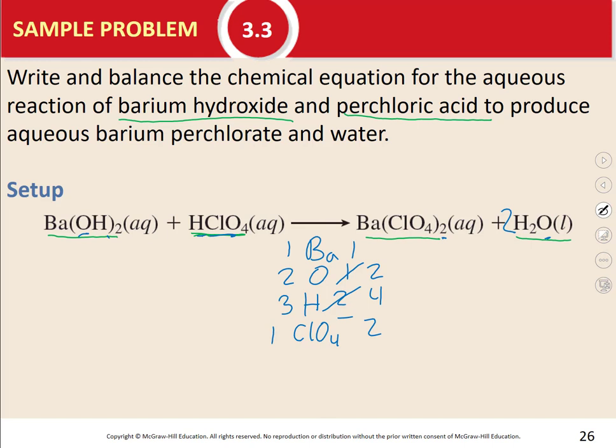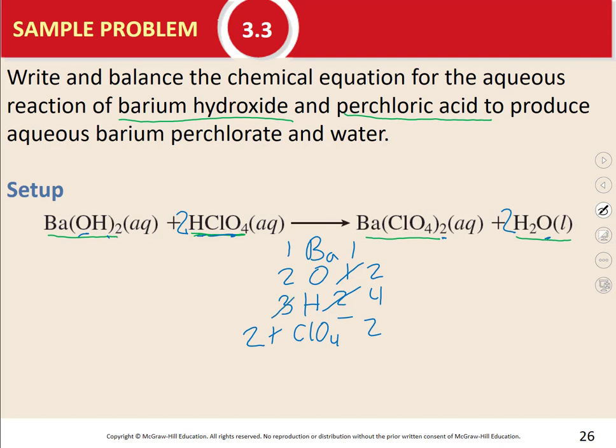So perchlorate, I have 2 on the product side, but only 1 on the reactant side. So what coefficient and where will fix that? 2 in front of the, which reactant? Perchloric acid. 2 there. Now I have 2 perchlorates, but what else did that change? Hydrogen.